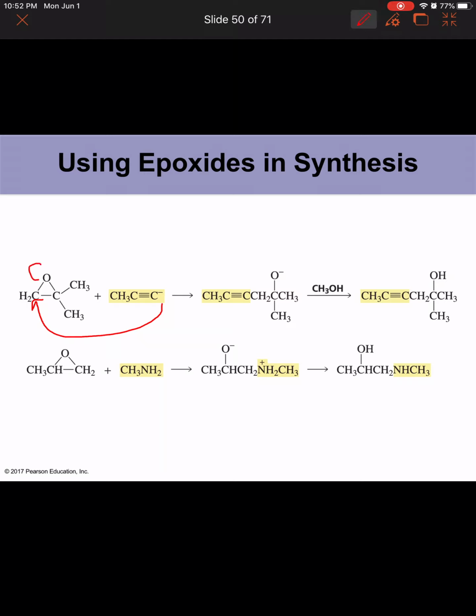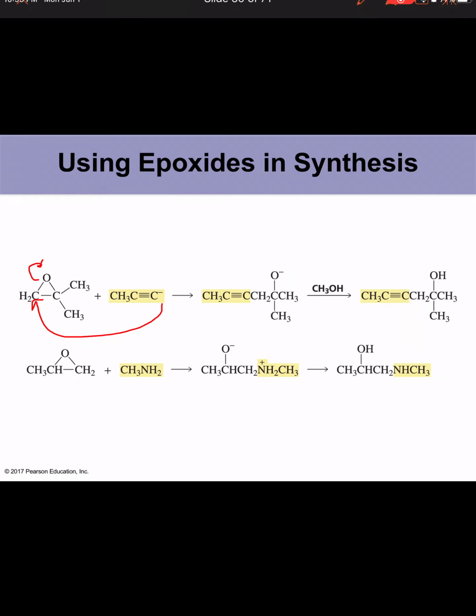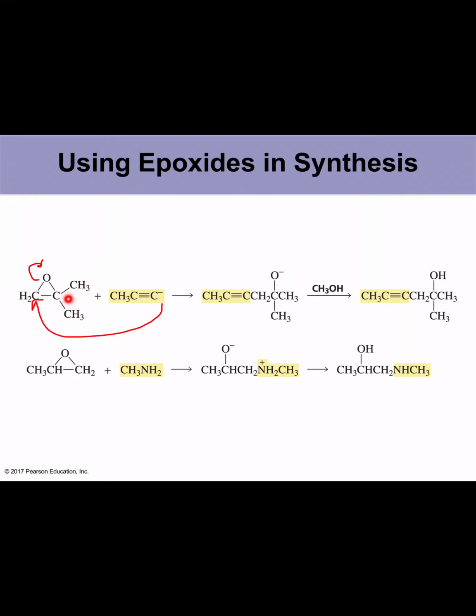So you will have the product that you have right there: CH3 carbon, CH3 carbon, and then oxygen will be on this carbon, and it has this CH2, which is this one, and then the new carbon that's connected is this one, with the triple bonded carbon and methyl group. And when you add methanol, oxygen grabs a proton from here and completes the process.